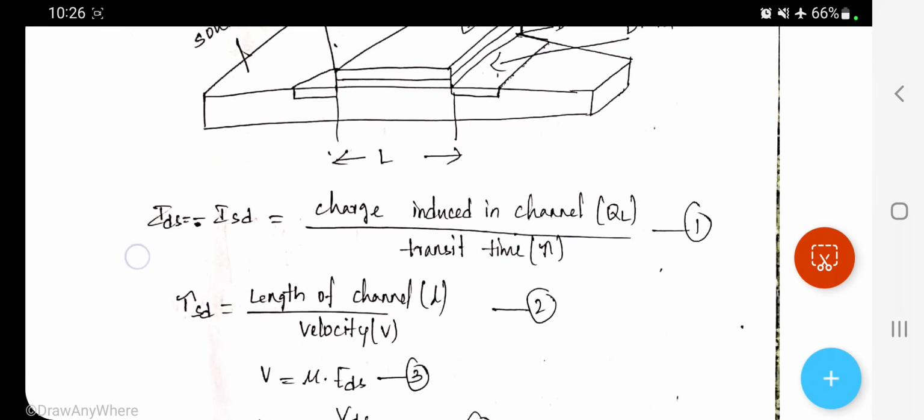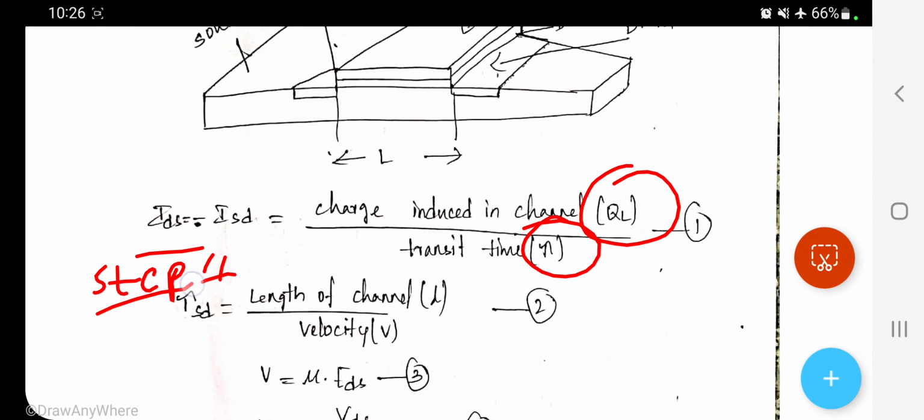So IDS is equal to QL by tau. Now we have two steps in deriving the equation for IDS. First, step 1, we calculate the transit time tau SD, the time taken by the electrons to move from source to drain, that is channel length divided by velocity. Length by velocity gives the time.